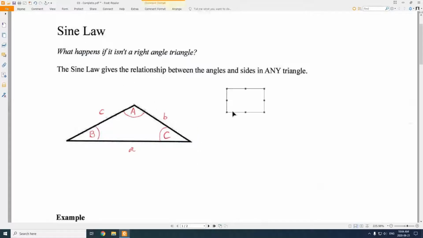So what the sine law says is that if you take length A and divide by sine of angle A, that will give you a ratio. And that ratio will be the same as length B divided by sine of B. And that ratio will be the same as length C divided by sine of C. So these three ratios will always work out the same.